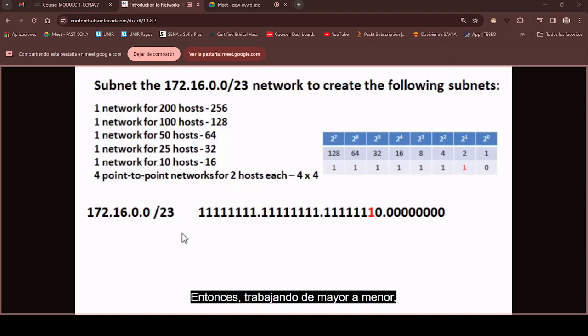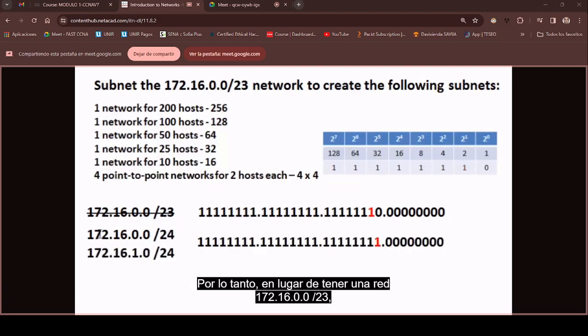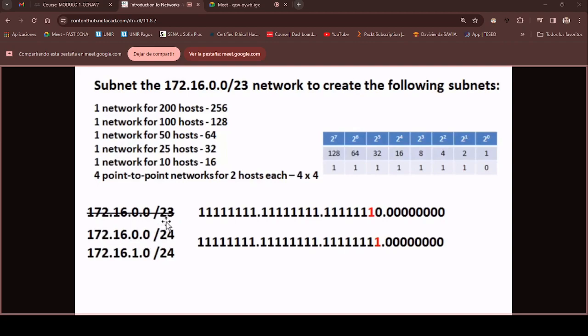So working from largest to smallest, the first thing I need to do is to create a network for 256 hosts to satisfy the 200 host requirement. What I can do is I can subdivide this single network of 512 hosts into 2 smaller subnets of 256 hosts each. So instead of having a 172.16.0.0 network /23, I change the subnet mask to /24.